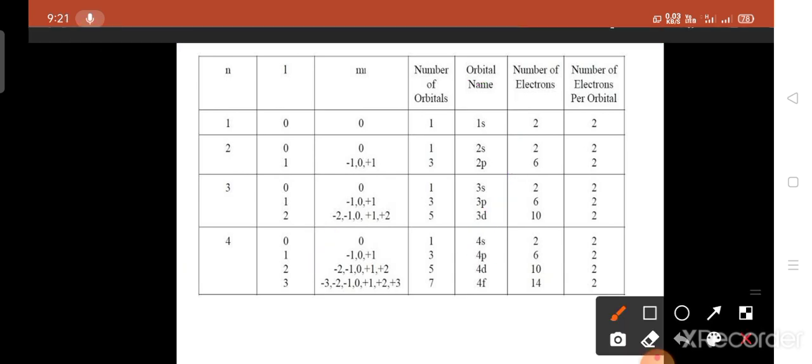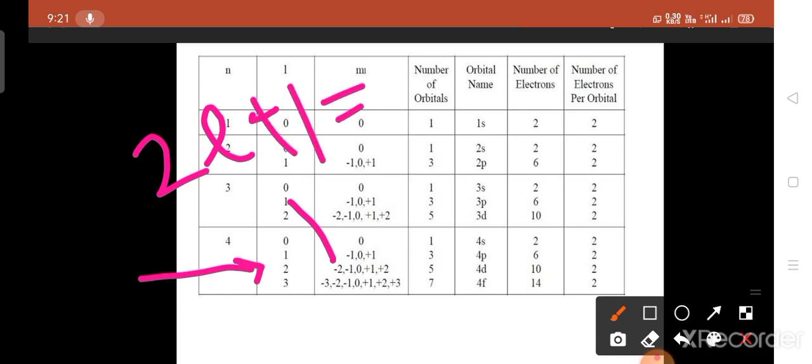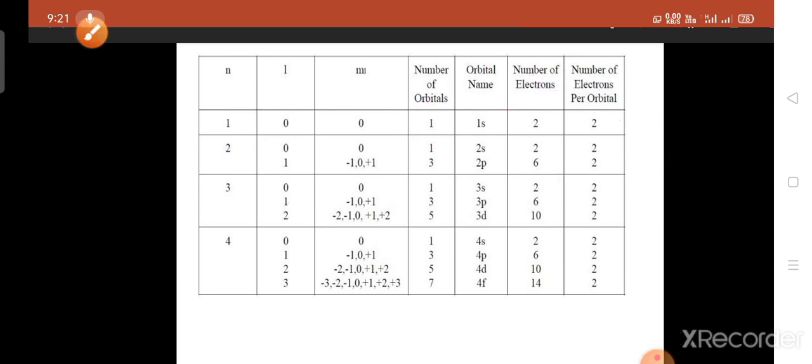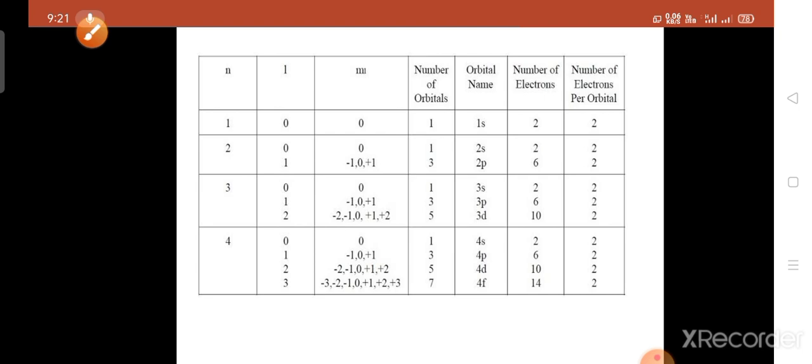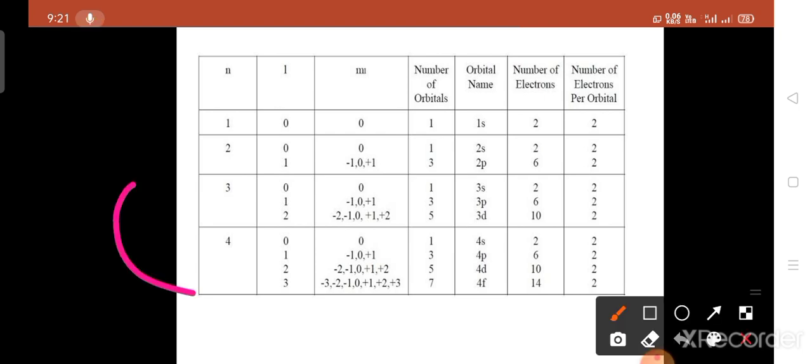When the value of L is equal to 2, then the corresponding values are minus 2, minus 1, 0, plus 1 and plus 2, because 2L plus 1 is equal to 2 into 2 plus 1, which is equal to 5, and hence the number of orbitals present for L is equal to 2 is 5.